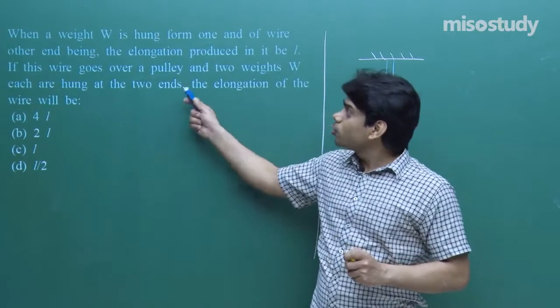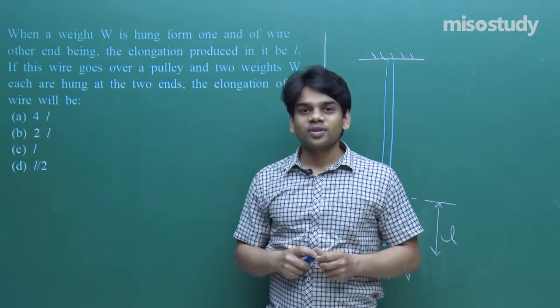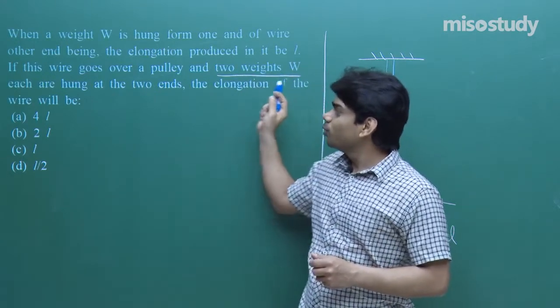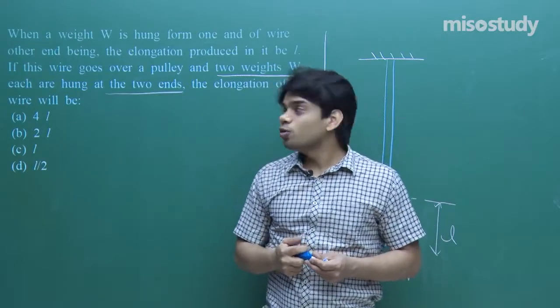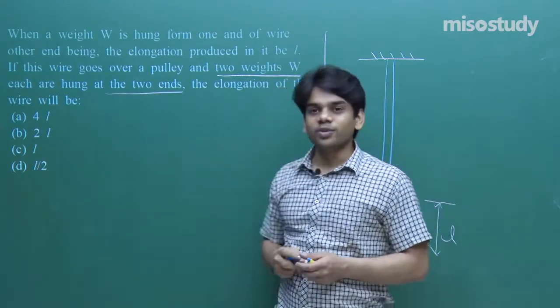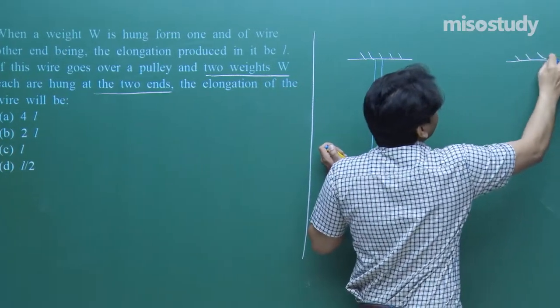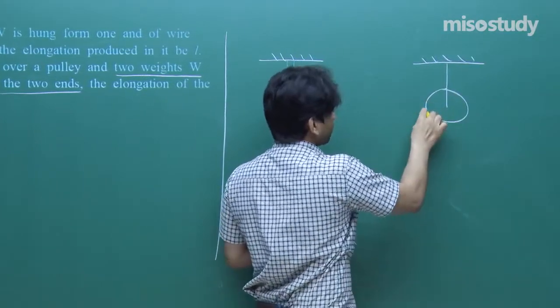Now, if this wire goes over a pulley and two weights W each are hung at the two ends, then we need to find out the elongation of the wire. Next case, you see, there's a pulley and the wire is hung in this way.